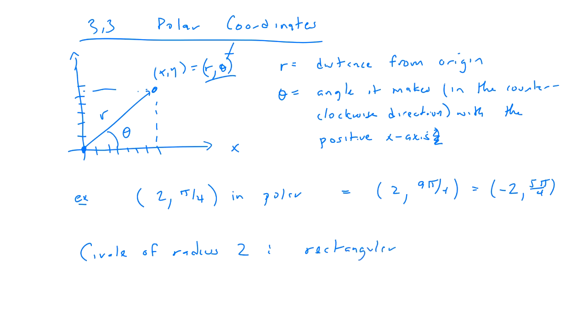On the other hand, if I have a circle of radius 2 in rectangular or Cartesian coordinates, that is this. What is the equation of a circle in polar coordinates?